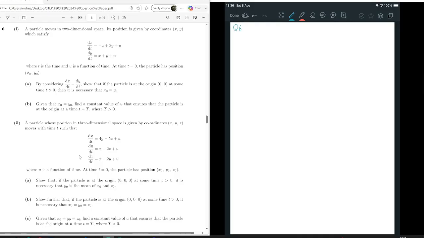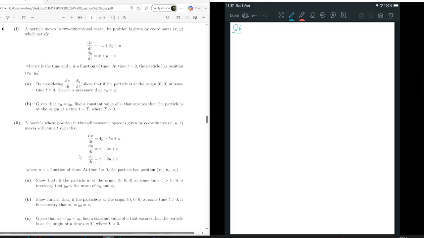We have a particle moving in two-dimensional space with coordinates x and y, and then the third variable t is going to be our time component. Very common way that physicists start to model motion. And we also have u being a function of time. And we've been told that at a particular time, the particle has position x0, y0.